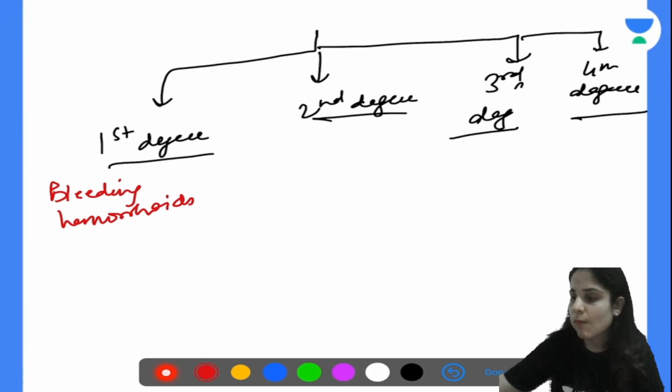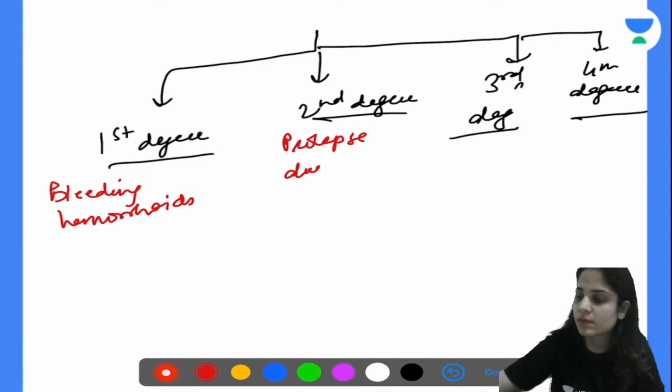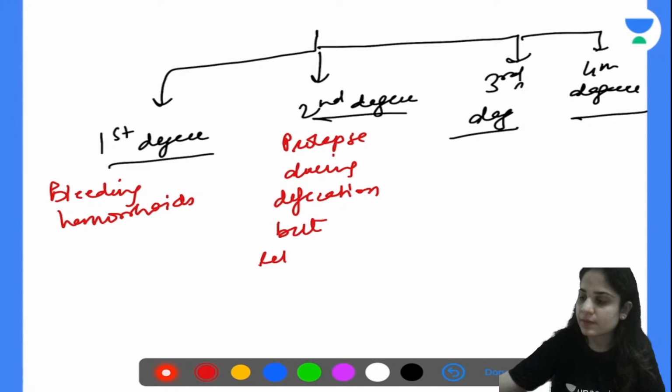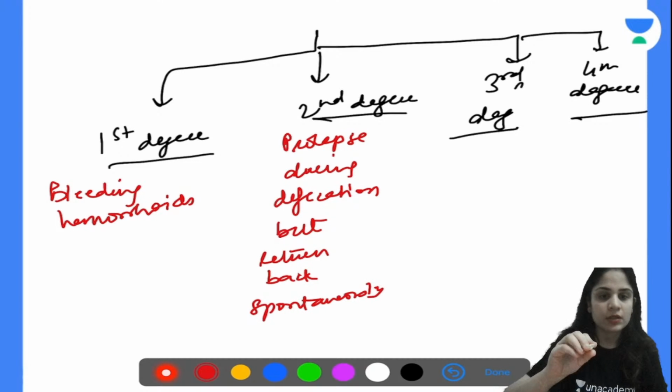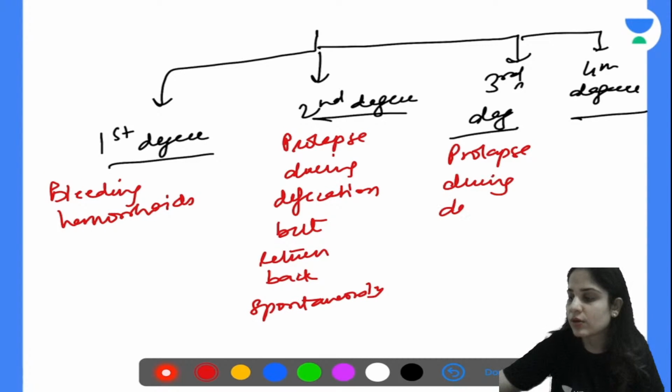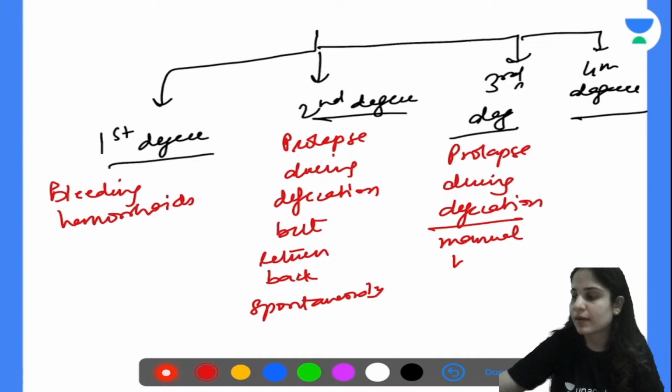Okay, then your second degree hemorrhoids are the hemorrhoids that will prolapse during defecation, but after that they will return back spontaneously. So only during defecation you will be able to see them coming out. Then your third degree hemorrhoids prolapse during defecation, but they will not go back on their own. As a result, you will need manual help to push them back.